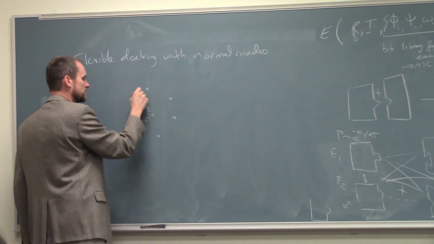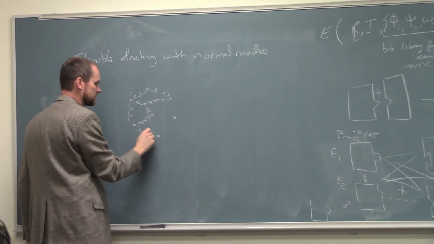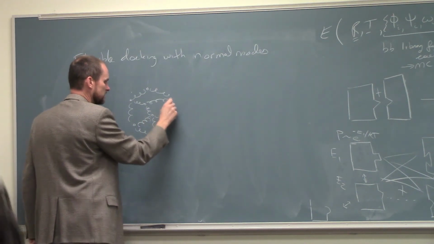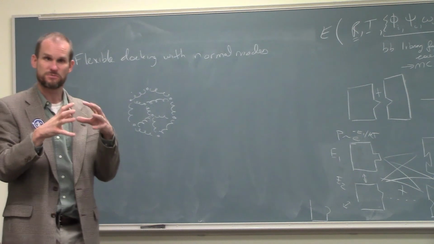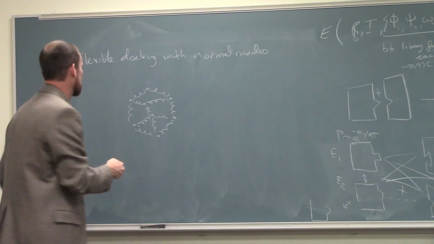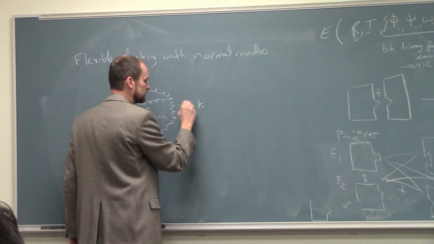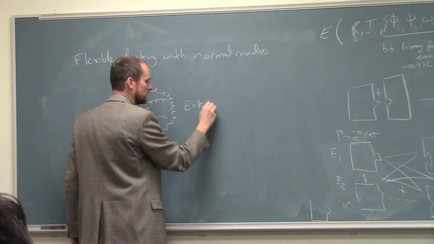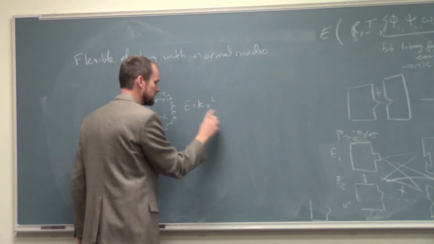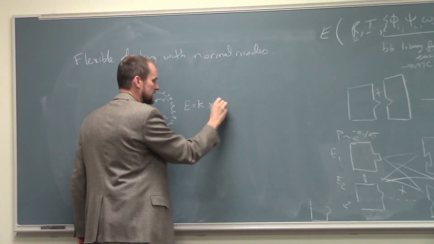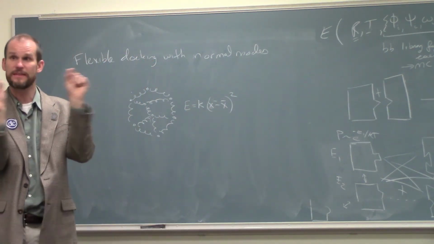You can do this either in the complex or in each individual protein. The energy of the spring would be k(x minus x bar) squared, where there's some length between the springs, and then they vibrate.